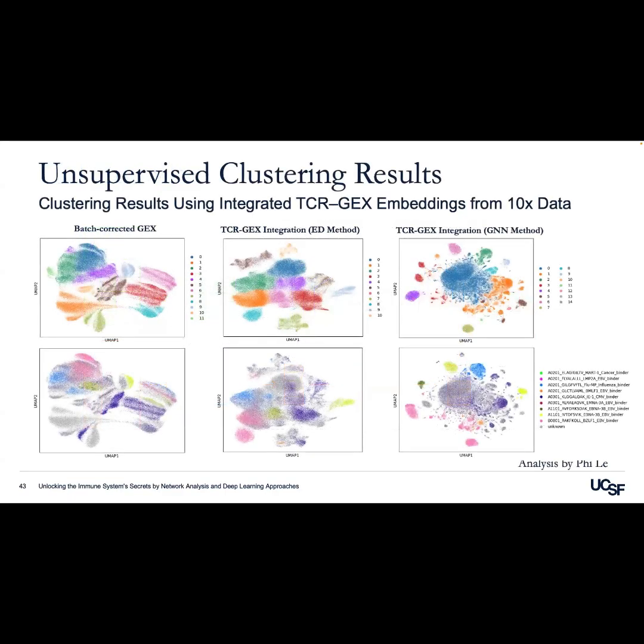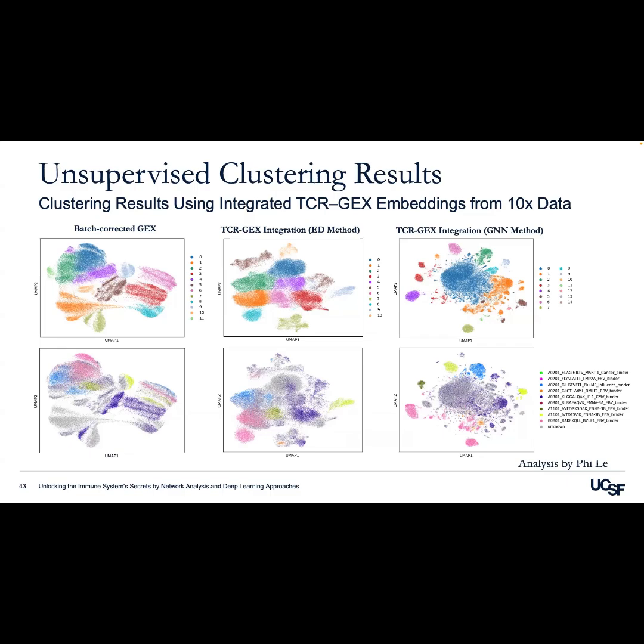Here is the UMAP of the results. If you're familiar with the 10x Genomics data set, UMAP is a very traditional way to present the data to see their clusters. The top row shows the UMAP, color coded by latent, unsupervised clustering.